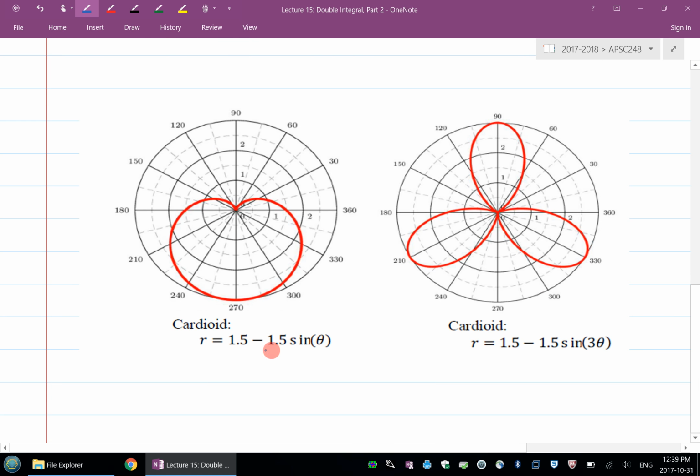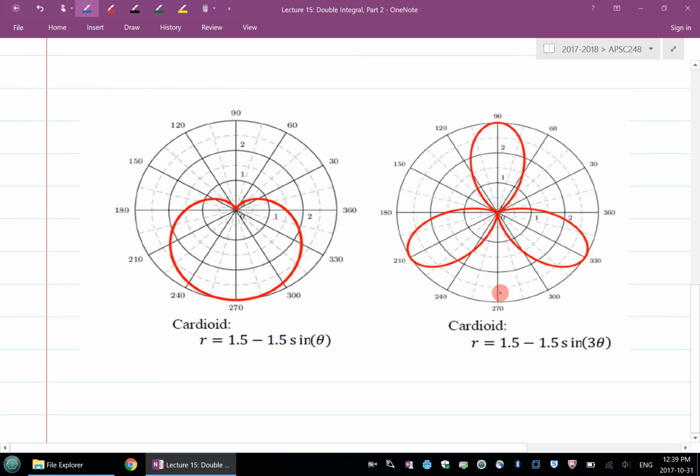The first one is 0.5 sine theta, this one is 0.5 sine 3 theta, and the drawing comes out like a cardioid type of drawing. It depends on the coefficient for the theta. As you have 3, then you have 3 petals here. Imagine you have more, then there will be more, right? So that's another branch of mathematics, in terms of how you can sketch out things using polar coordinates.